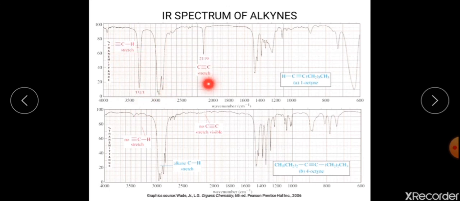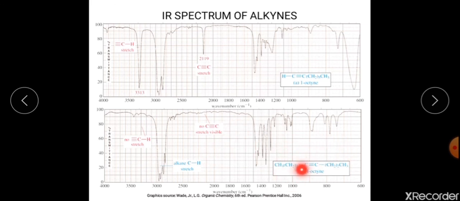This is your carbon triple bond carbon stretching, and this stretching is because of the triple bonded carbon and hydrogen stretching vibration, and this vibration is because of the carbon hydrogen which was there in case of alkane. This is because of the carbon hydrogen stretching vibration, right? And the fingerprint region is here, and this is another evidence from which we can also identify the structure of the compound.